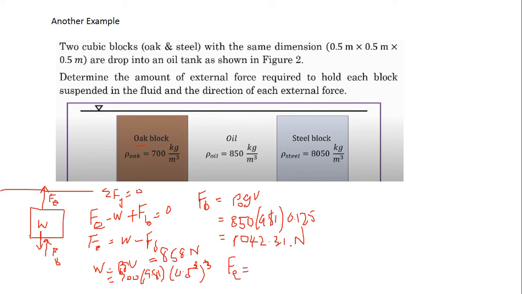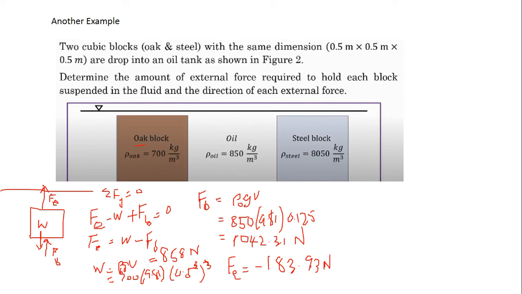FE. 858.37 minus 1042.31. Okay, the value is negative 183.93. Yes. Newton. Okay, so what does this tell you?